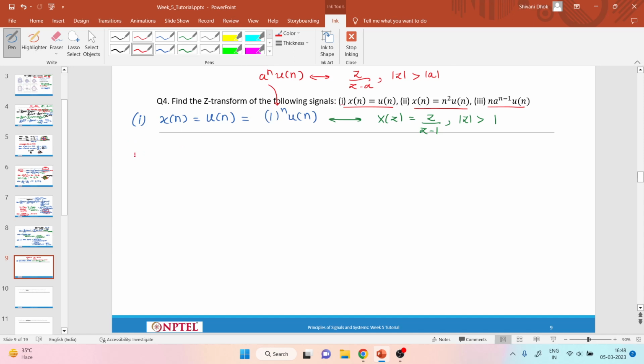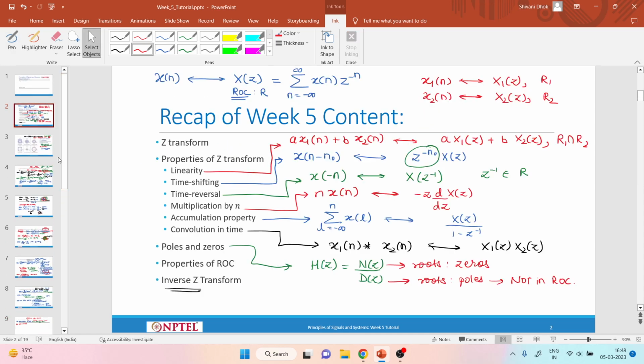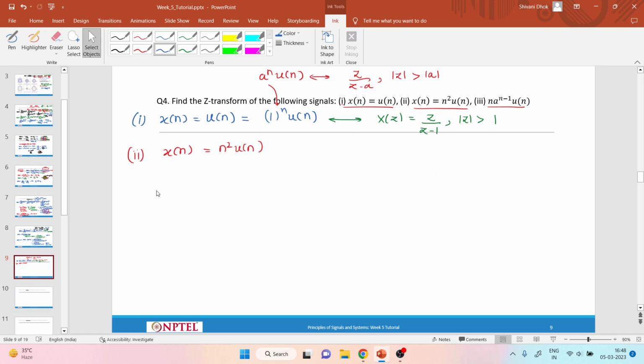The next part of this question is x of n equal to n square into u of n. Now let us go back to the properties of z transform. If we look at the multiplication by n property, we can see that the z transform of n into x of n is equal to minus z into the differentiation of x of z with respect to z.